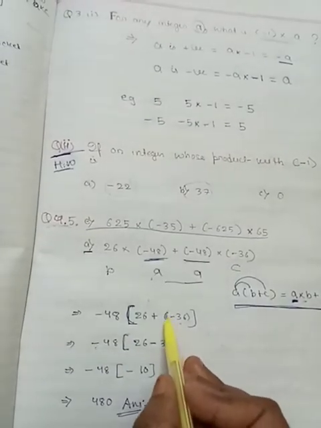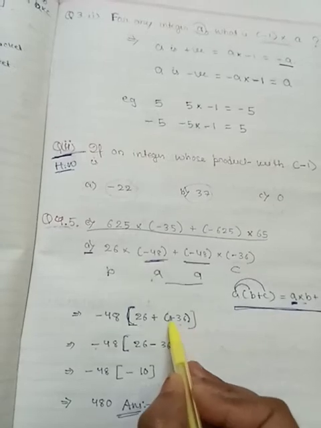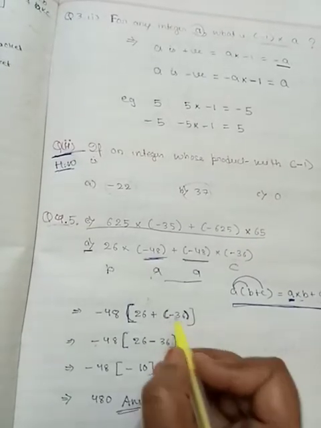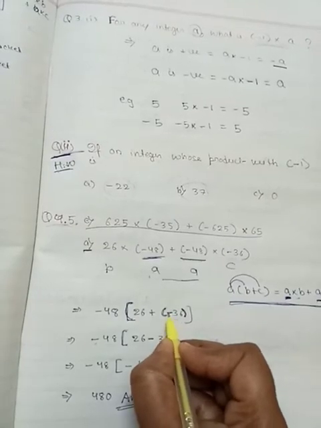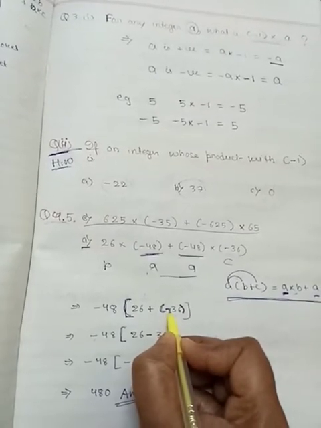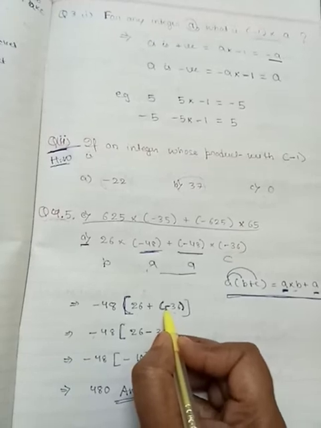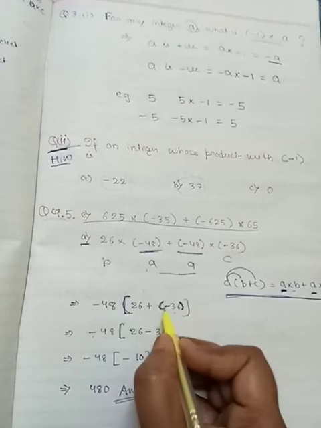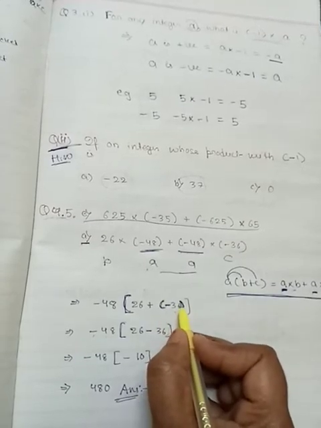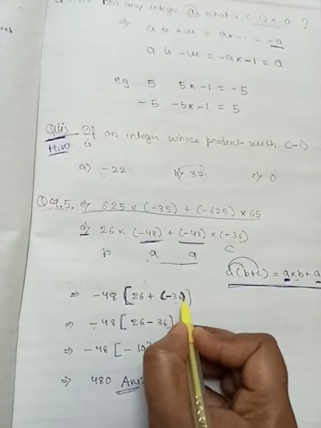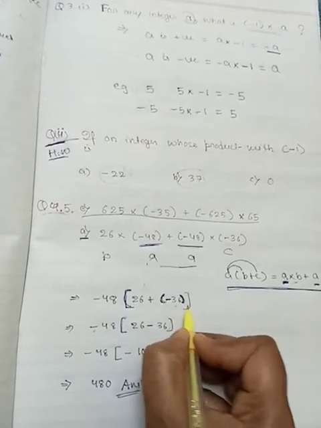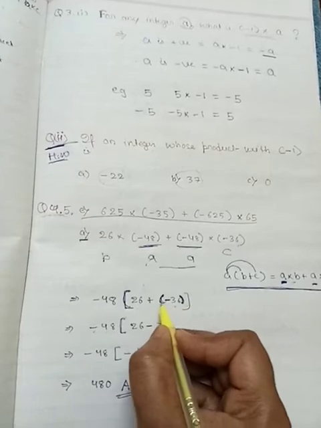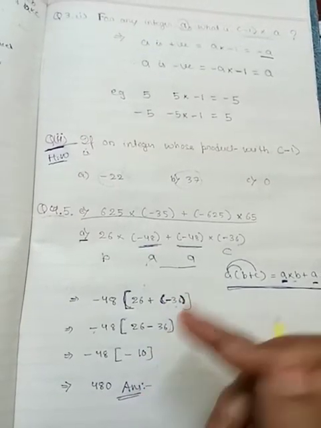I have told you how to use brackets. Inside the square bracket there is another bracket, because 36 is negative, so we put the minus sign inside the bracket. When we open this, first we open the inside bracket, then the square bracket, then the curly braces. Remember? So in our next step we open this bracket.